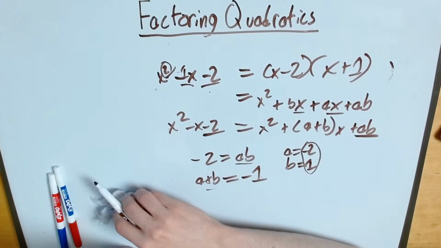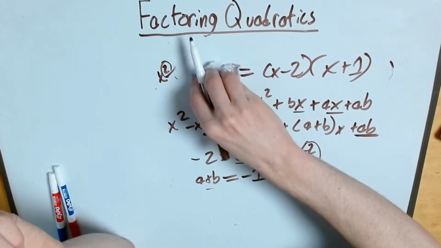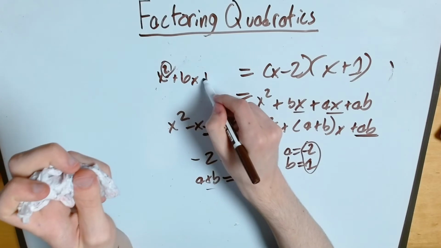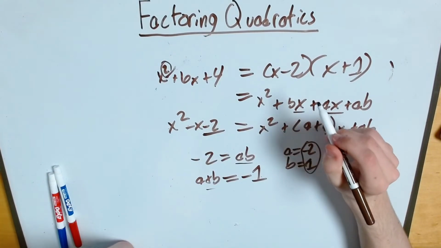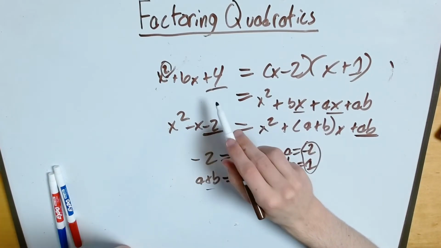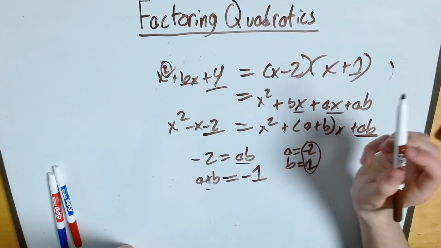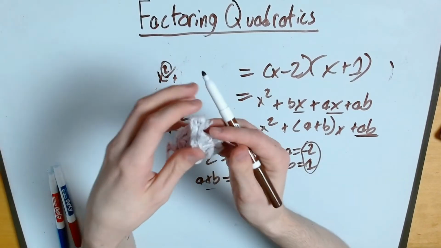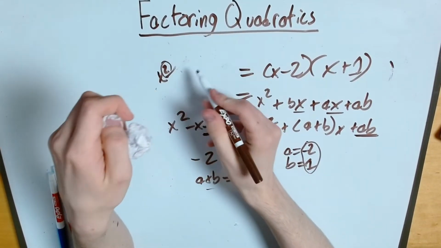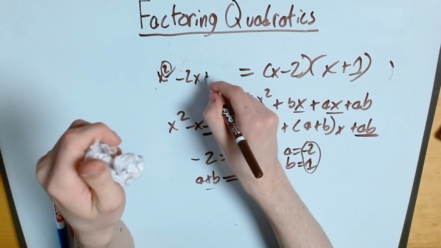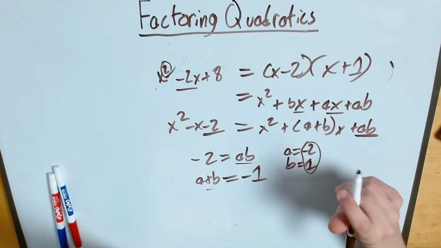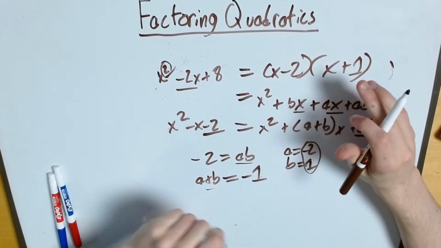But this could be x squared plus 6x plus 4, in which case, I'd say, okay, I want factors of 4 that add to 6. Or I could do something like, all right, I want factors of 8 that add to -2, right? Just part of looking and finding and solving.